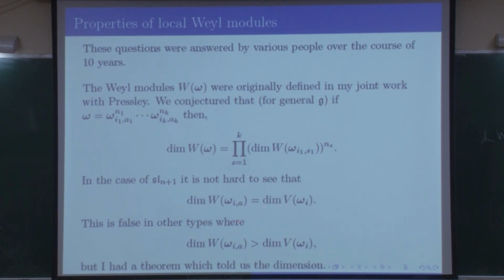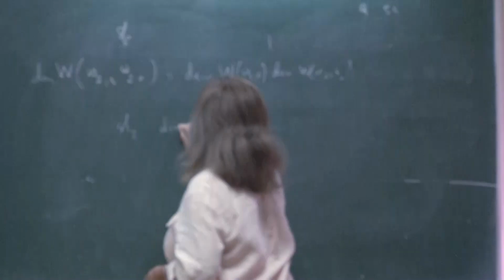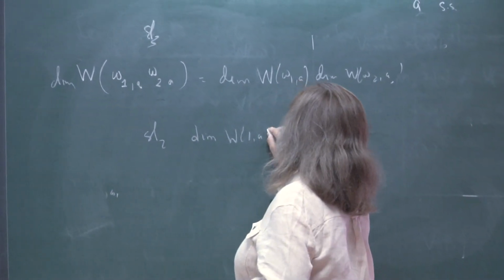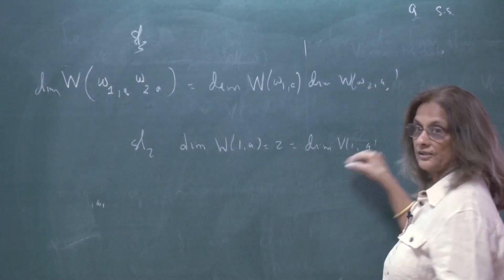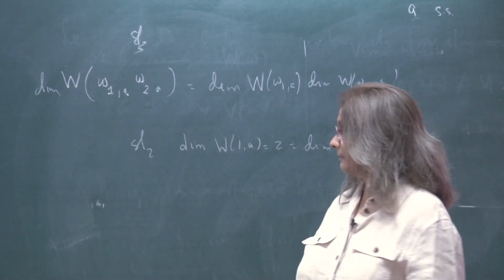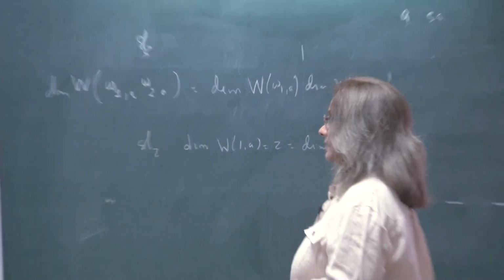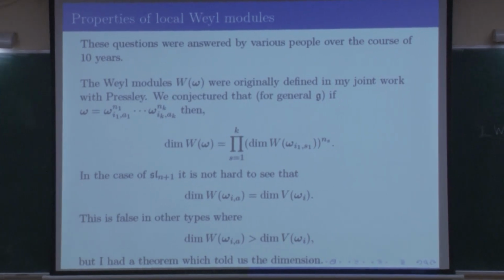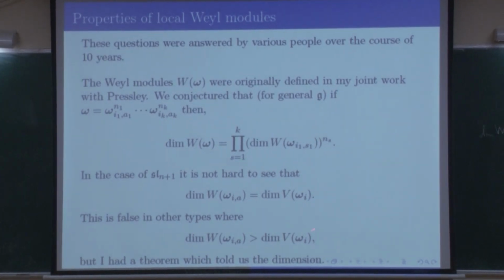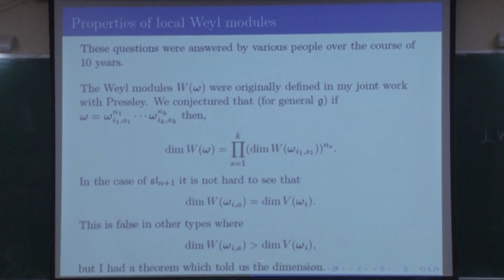As I said in the case of SL2, I told you that the dimension of W1A is equal to 2, equal to the dimension of V1A. So this is just a generalization of that. But what is interesting now is that this statement is false in other types. And in fact the dimension is strictly bigger.